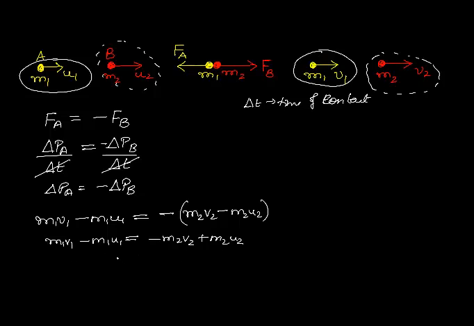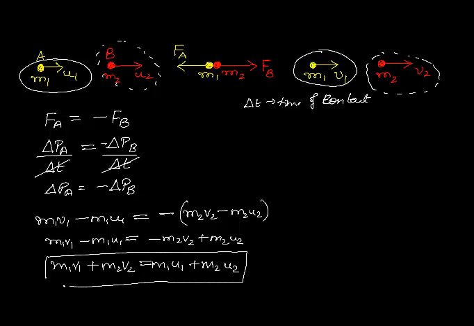So I'm going to bring m2 v2 on this side and take m1 u1 on the other side, and we have a nice expression over here.